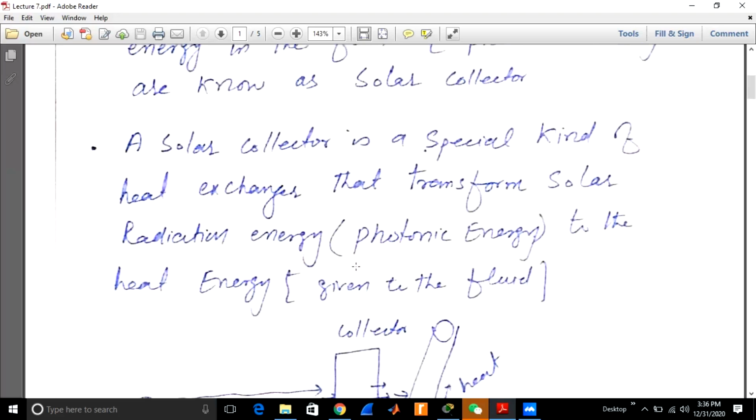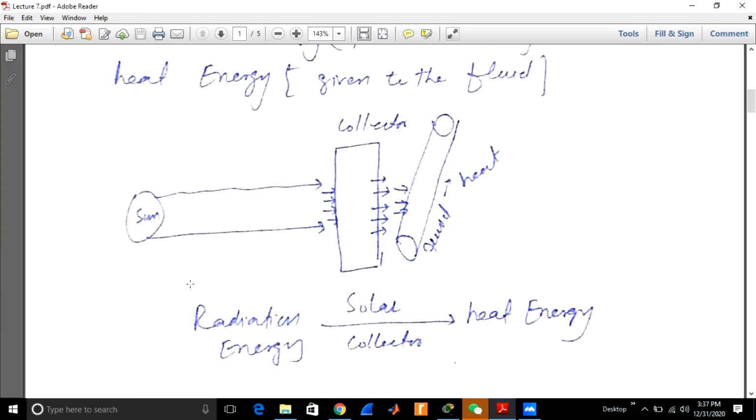For example, a microphone is a transducer which converts our sound into electrical signals. Similarly, it is an analogy, not an exact example of a transducer. It should be remembered that the solar collector behaves like a transducer.